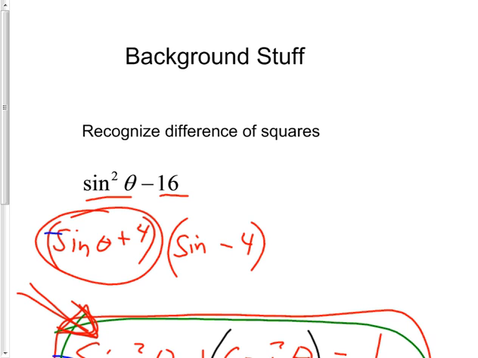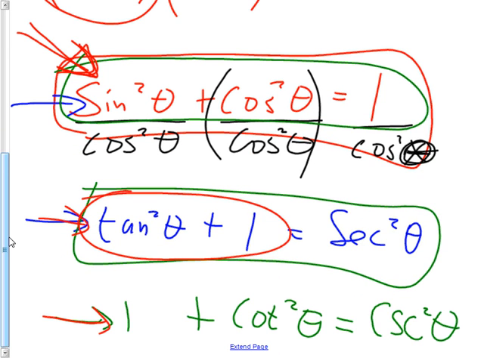Under background stuff, if you ever saw this, 1 squared minus sine to the 4th of theta, you should be able to factor it.